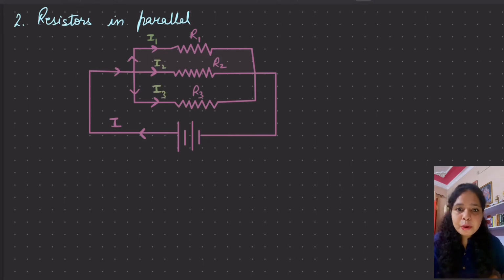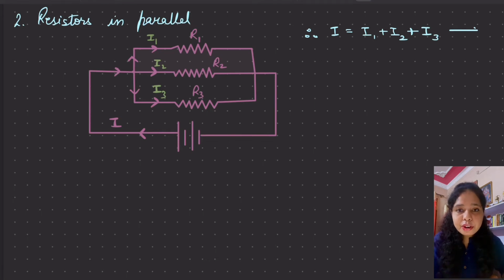That is, some amount of current will start flowing from R1, some amount of current will start flowing from R2, that is I2, and the other remaining current will start flowing through R3, that is I3. So I current is divided into three parts, I1, I2, I3. Therefore I can write the equation I is equal to I1 plus I2 plus I3.